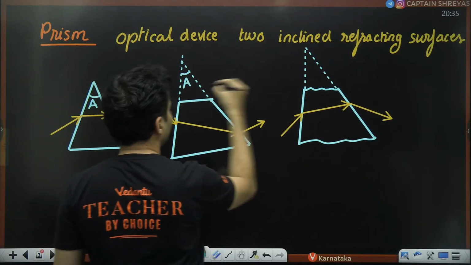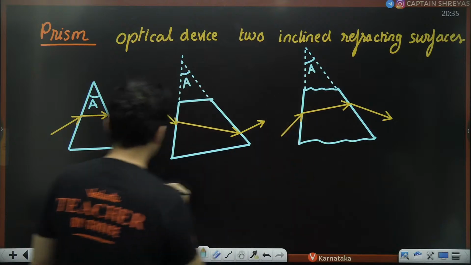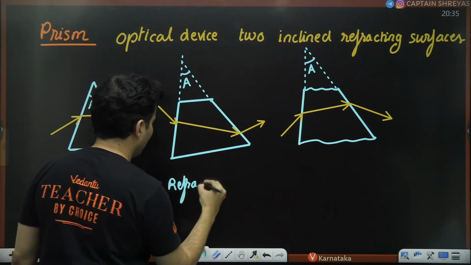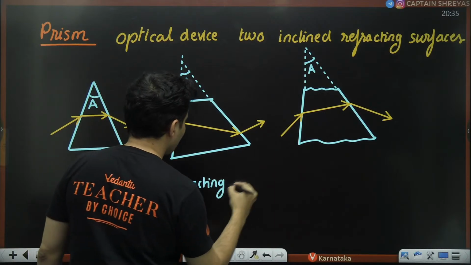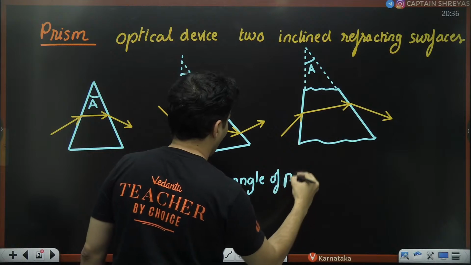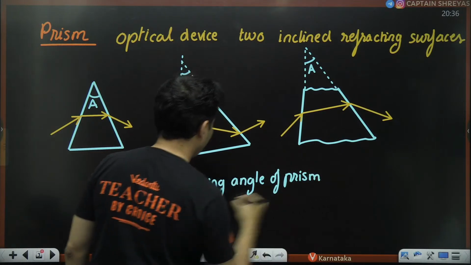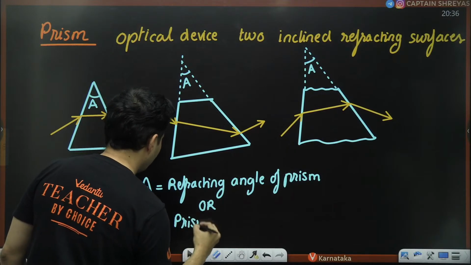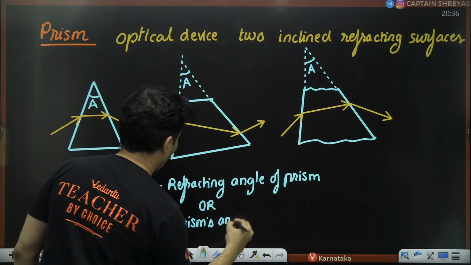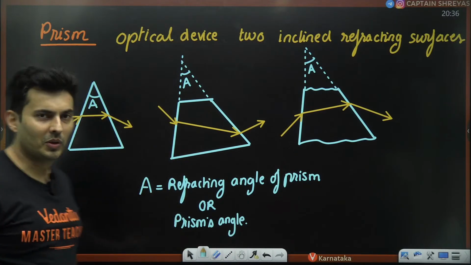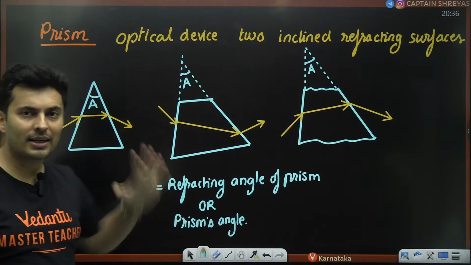So this particular angle A is called the refracting angle of the prism, or sometimes just called the prism's angle, right? So whatever you want to call it. So that is basically your A.